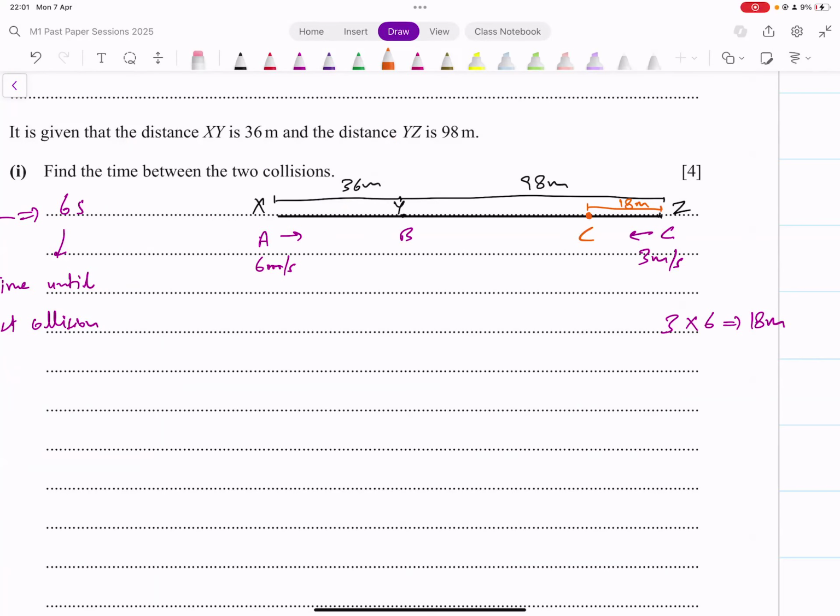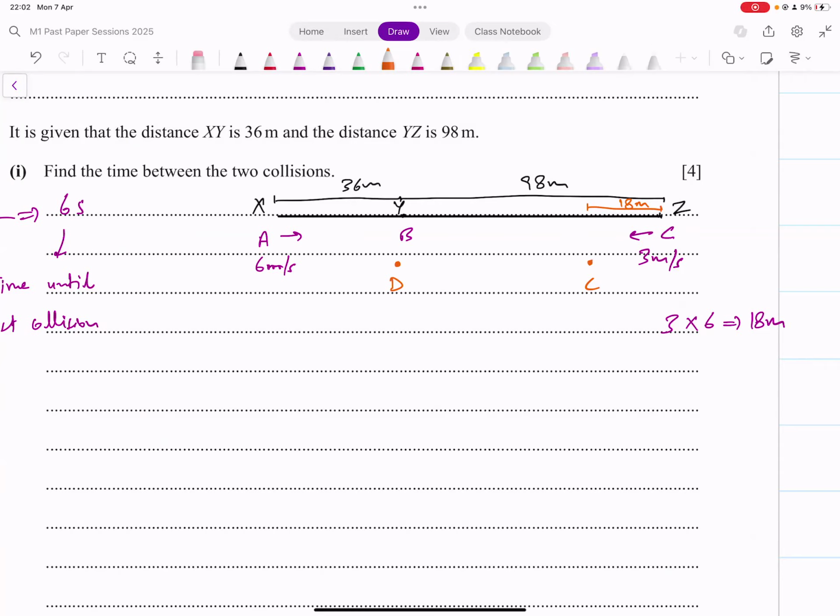And the particle D, that is here, because the collision happened at the point Y. So let me actually represent it here. This is particle D, and the particle C is here at the time of the first collision. Does that make sense?